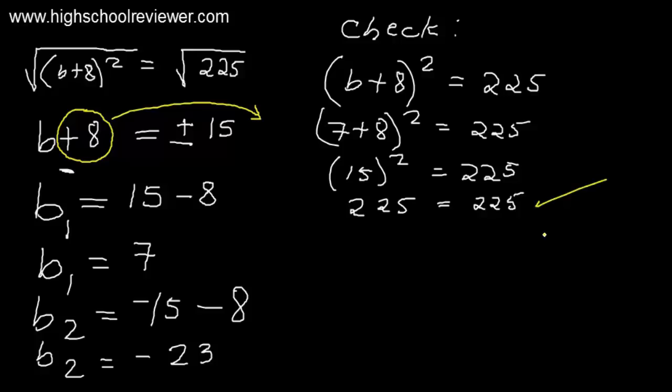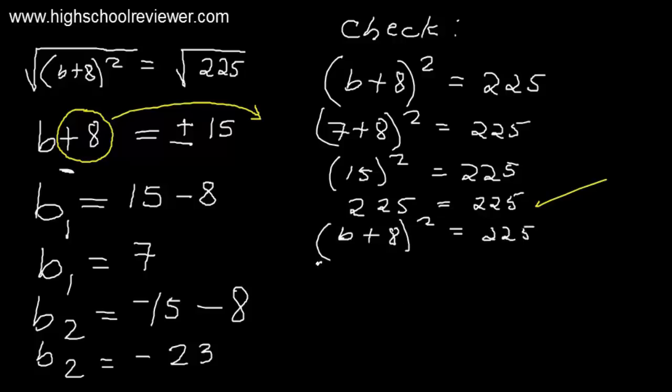So this is correct. Let's check negative 23. So we have here b plus 8 raised to 2 equals 225.